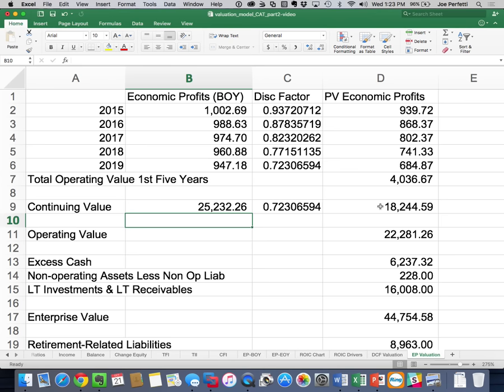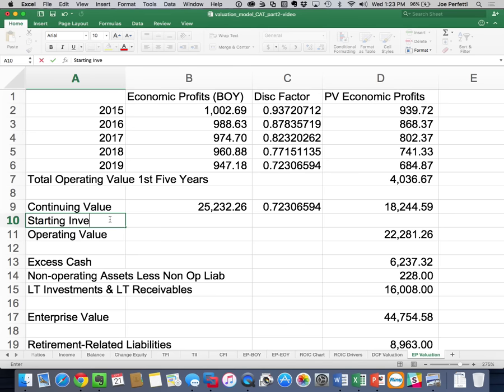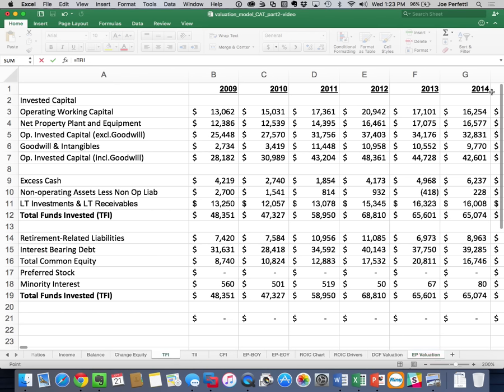So the final step in the economic profit valuation is we take our starting invested capital, which in this case is our 2014 invested capital. So off the TFI, 2014 operating invested capital, including goodwill, 42,601.